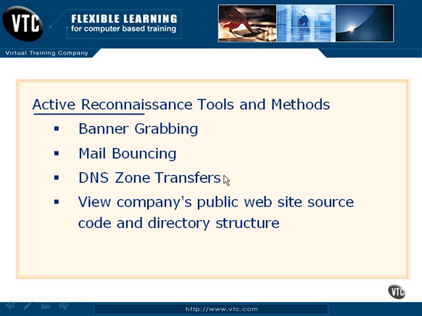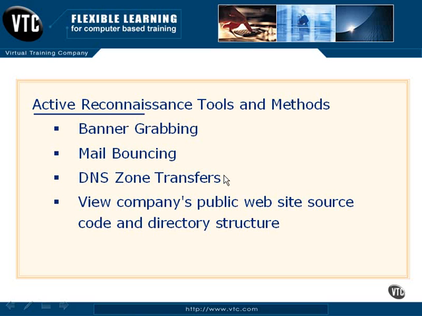A great example of this would be, I want to find out what all records are contained within the Internet DNS associated with this particular company name or website, extension, whatever the case may be. So you bring up a DNS server, you initiate a transfer, you pull it down, and you parse that data for the records you're looking for. You can discover quite a bit of information.